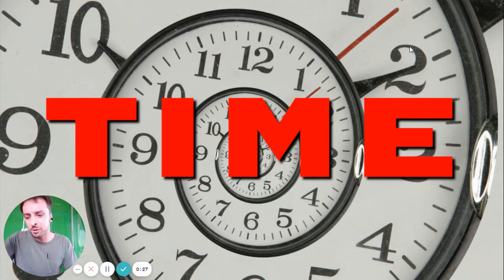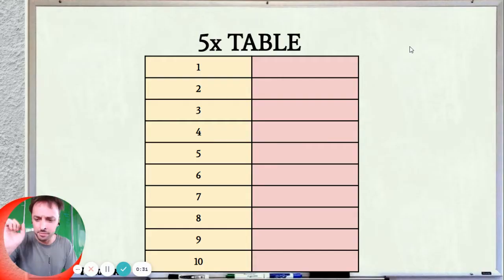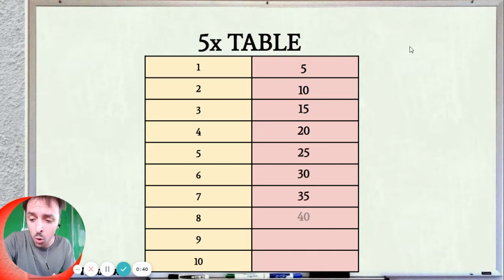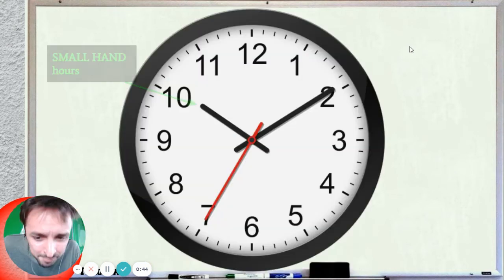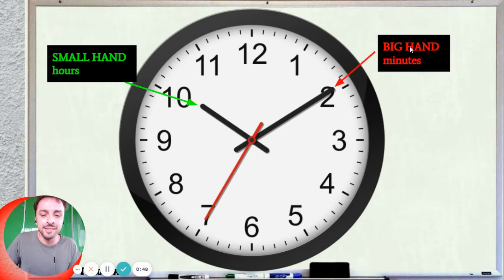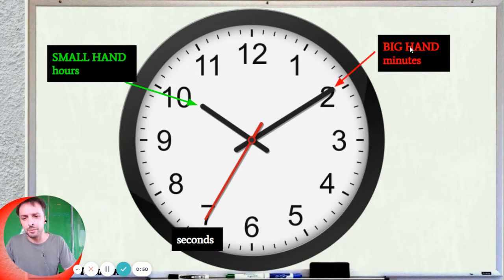Okay, so remember Unit 5, all about time. What is the time? Okay, 5 times table. This is a nice little warm-up. 5, 10, 15, 20, 25, 30, 35, 40, 45, 50, 55, 60. And remember, you do your small hand for the hours, the big hand is the minutes, and then we have your seconds as well.